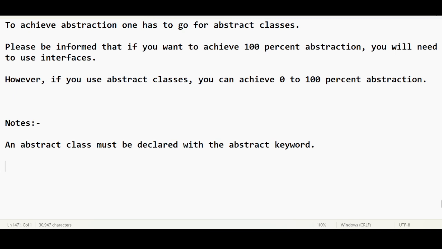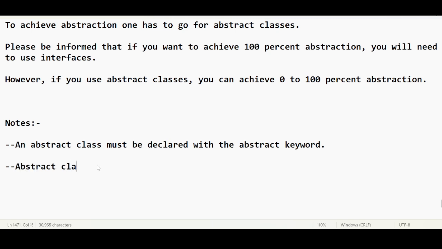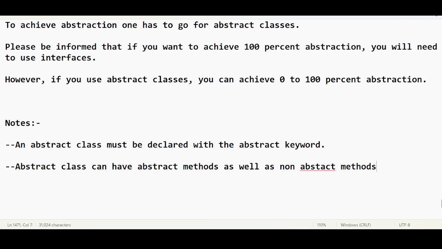The second point says an abstract class can have abstract methods as well as non-abstract methods. Now the question arises: what is an abstract method and what is a non-abstract method? Non-abstract methods are also called concrete methods.